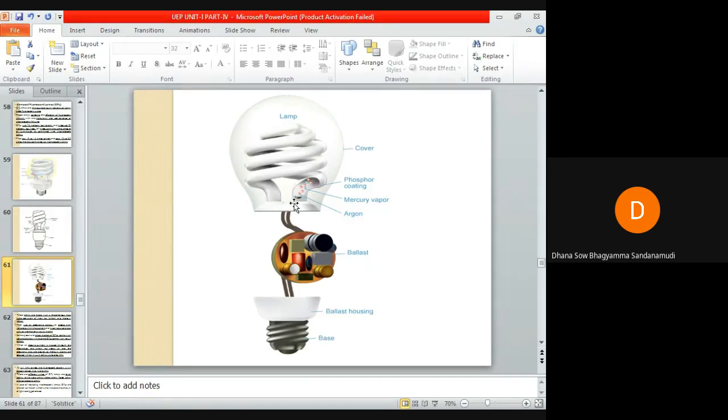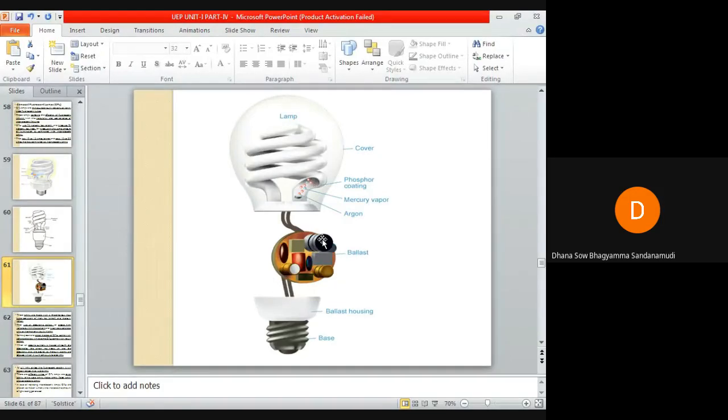compact fluorescent lamp. This compact fluorescent lamp is made up of phosphorus glass, meaning inside it is coated with a phosphorus layer on the inner periphery of the tube. It consists of inert gas and mercury vapors, and it also consists of an electronic ballast to create high voltage during the starting, and this ballast can be a separate unit or an inbuilt unit.